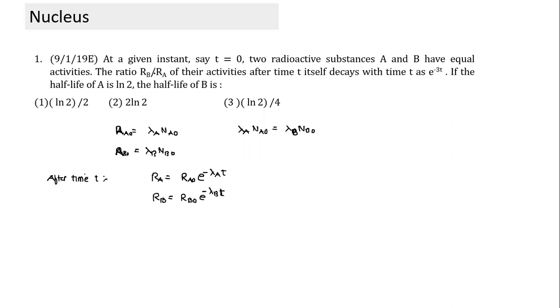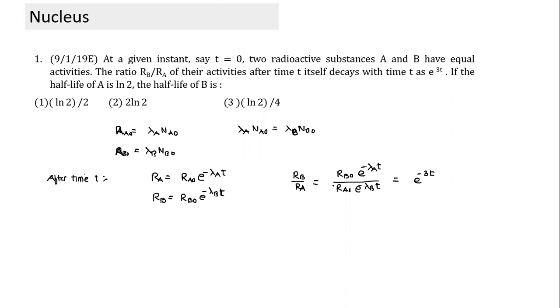The ratio RB by RA, the ratio of activity at time t, is given as e raised to the power minus 3t.